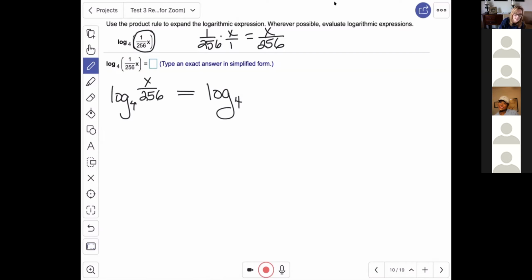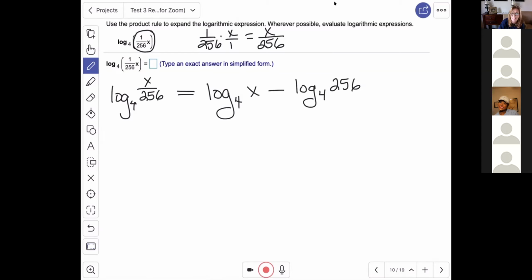So when we come down here, we have the log base 4 of x. And because we divided the terms, we subtract between the logs, x and 256. It split them up into 2. Remember, the division, when you split it into 2 logs, you subtract.